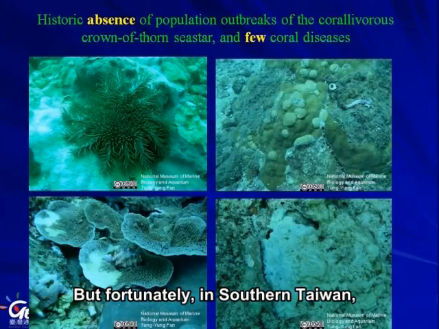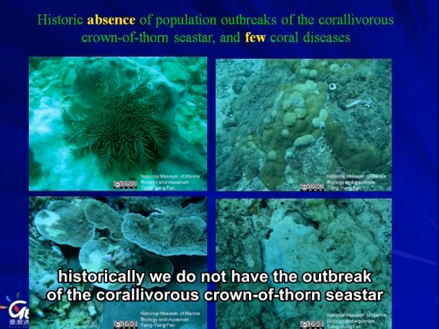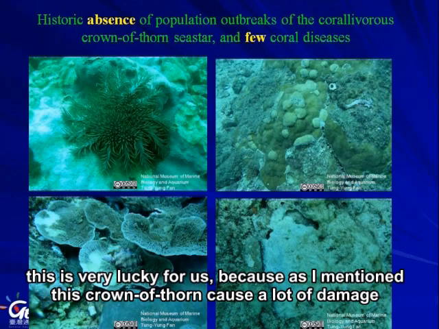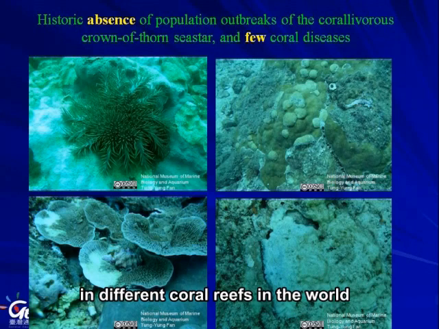But fortunately, in southern Taiwan, historically, we do not have the outbreak of the corallivorous crown-of-thorns sea stars. This is very lucky for us because, as I mentioned, this crown-of-thorns cause a lot of damage in different coral reefs in the world.